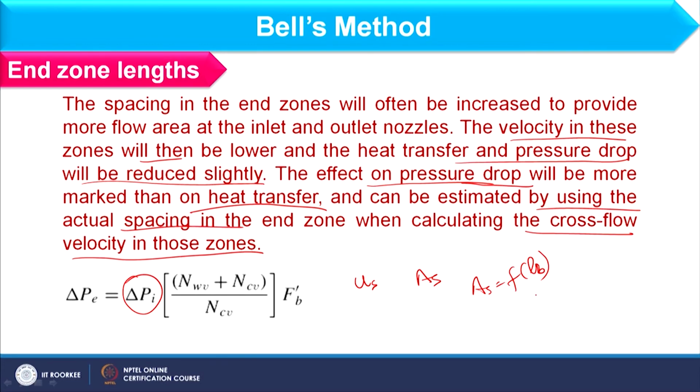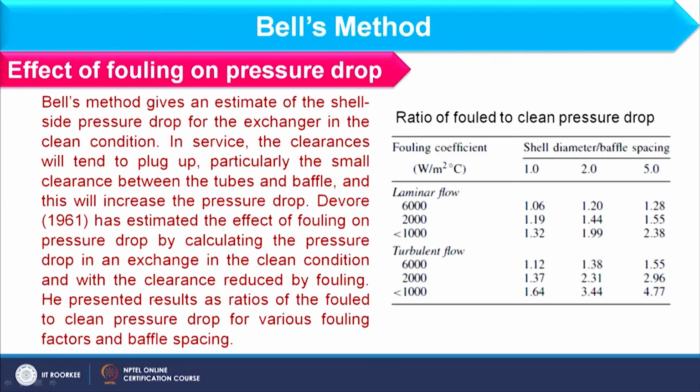So, if baffle spacing is more, we should consider AS for the end zone differently, and so the US. So, in this case, we can conclude that the pressure drop of the ideal tube bank can be considered differently in the end zone and cross flow zone. Okay. And that will depend on the baffle spacing in these two zones.